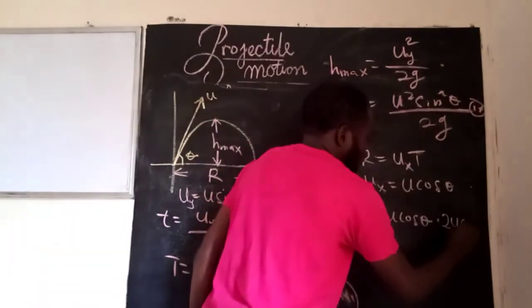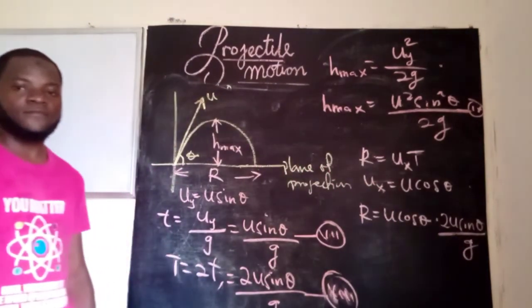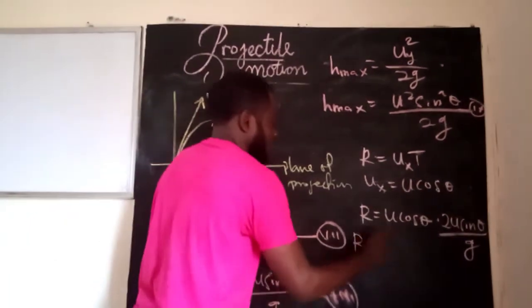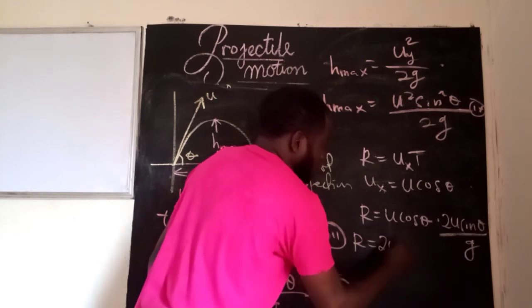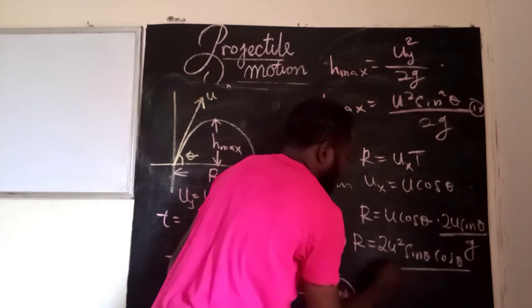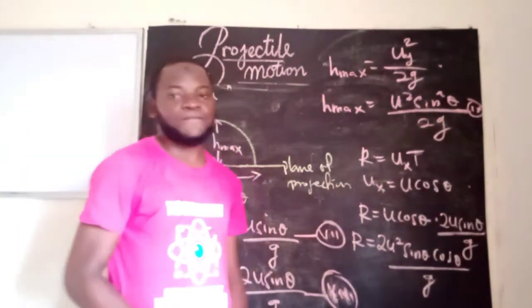So R is equal to 2u squared sine theta cos theta over g. And this is the range of a projectile.